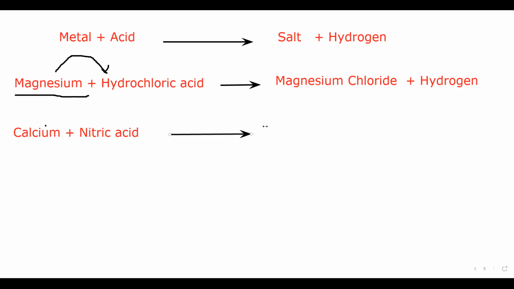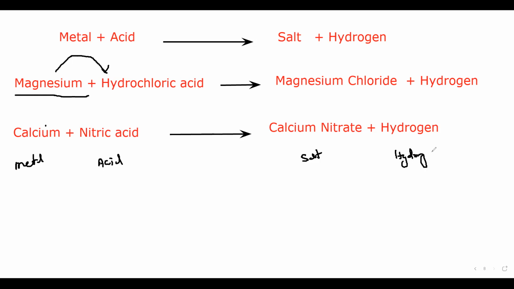So it will produce calcium nitrate plus hydrogen. Hydrogen will always be there when a metal is reacting with acid. Calcium is a metal here and nitric acid is the acid. So metal plus acid results in the formation of salt and hydrogen.